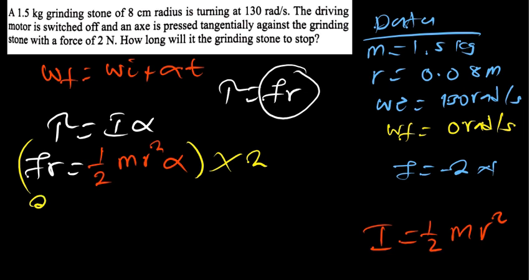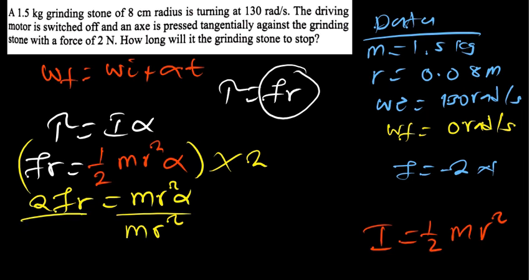So it's going to be 2 fr is equal to mr squared times alpha. I'll divide both sides by mr squared. What I'm trying to do here is make alpha the subject of the formula. So I'll have 2 fr divided by mr squared.